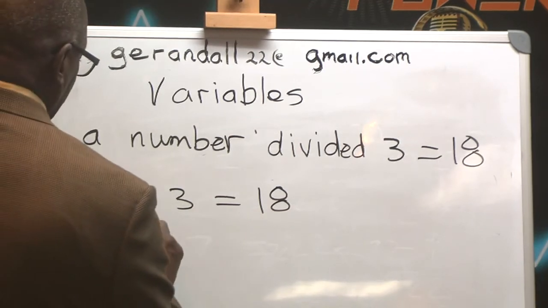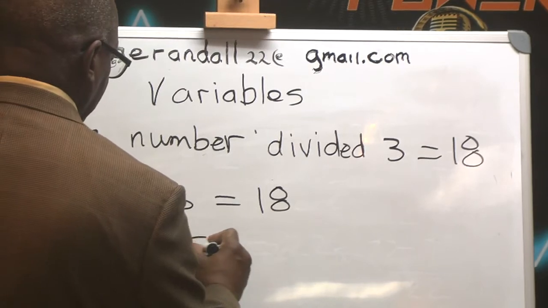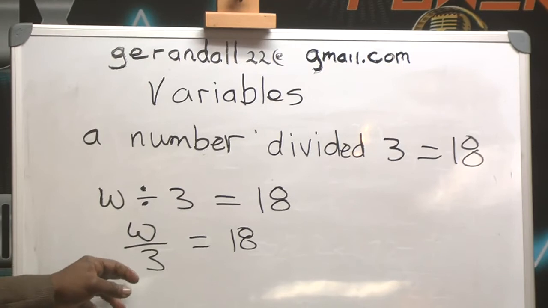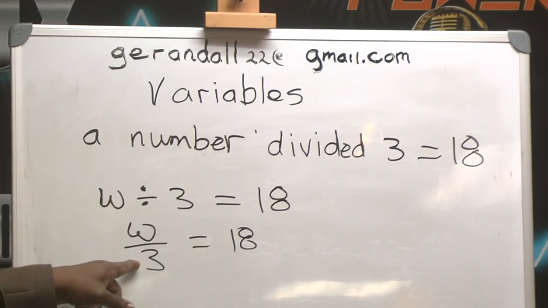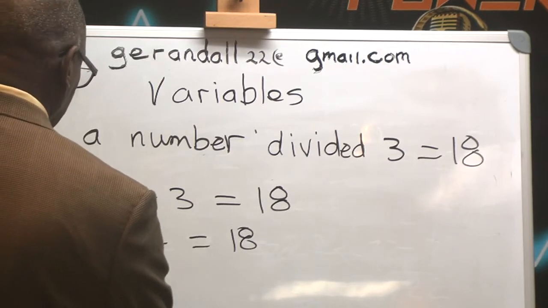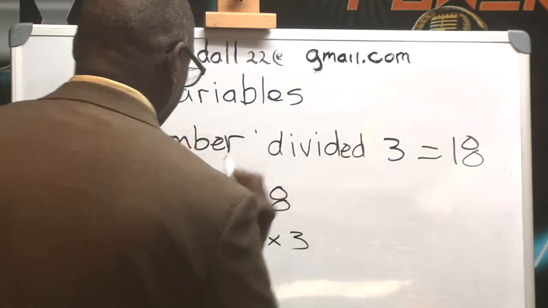And I just like to rewrite. That says a number divided by 3 equals 18. How do we undo division? With its cousin, multiply. What are we multiplying by? What did we divide by? 3. So we're going to multiply 3 over 1. And over here, we're going to multiply by 3.